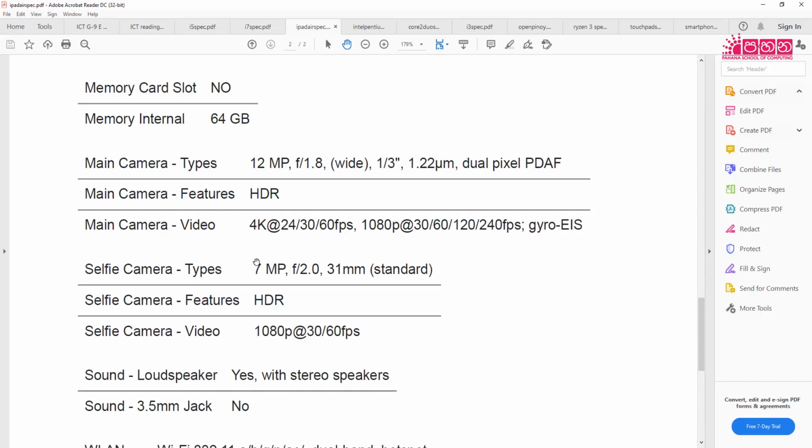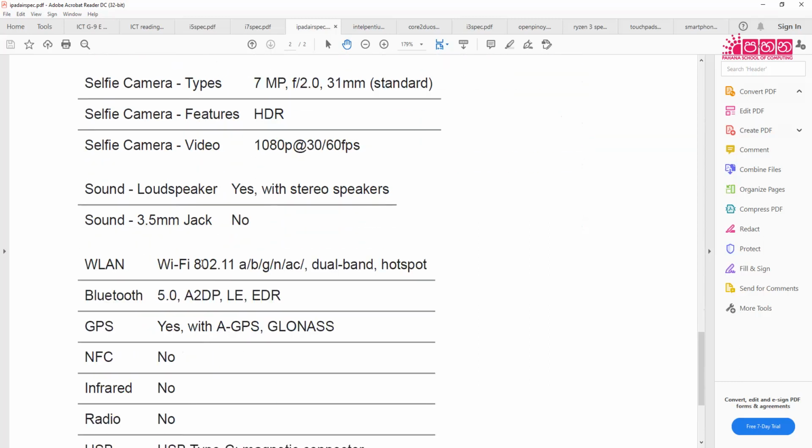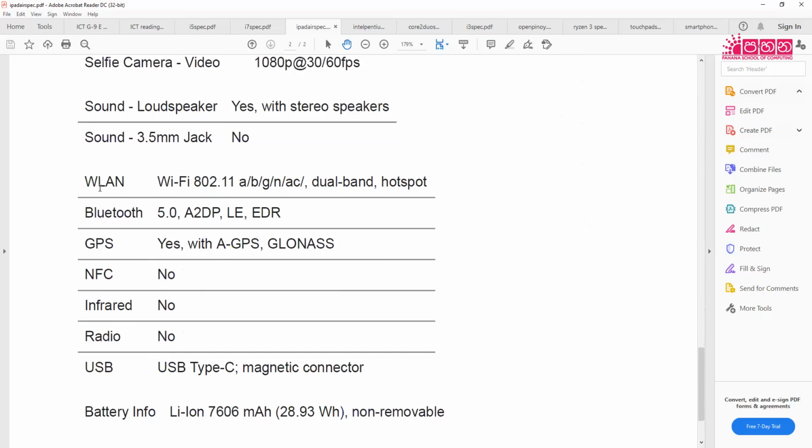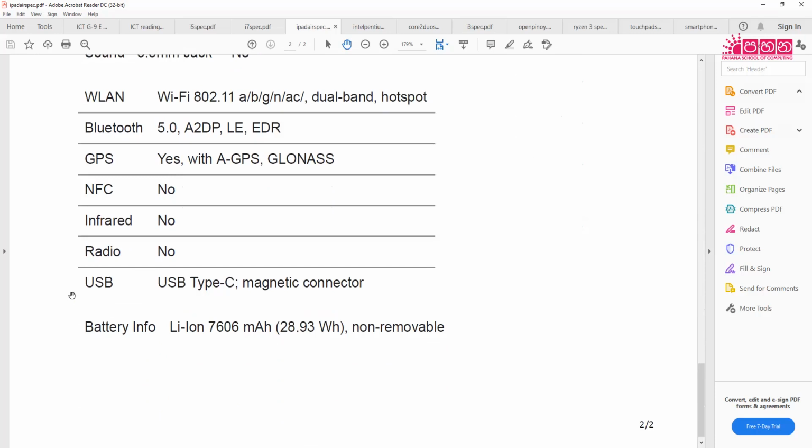Selfie camera, you have 7 megapixels because you have both sides. And then Wi-Fi supported in different versions. Bluetooth is supported. GPS is there, right? Infrared, no. Radio, no. USB is type C, and then battery details.